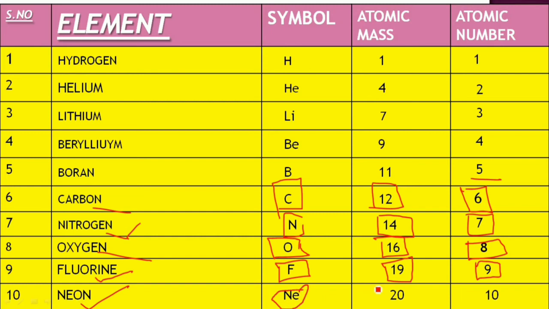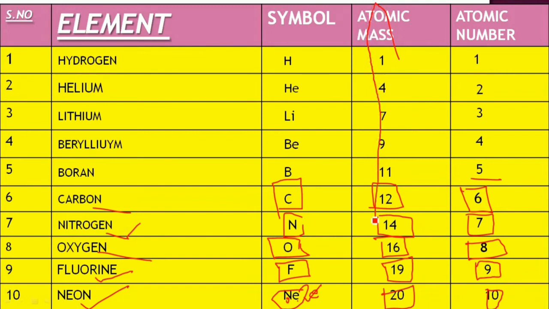Its symbol is Ne. You can observe here, N is capital and e is small. Its atomic mass is 20 and its atomic number is 10. There is a secret to learn these atomic masses.